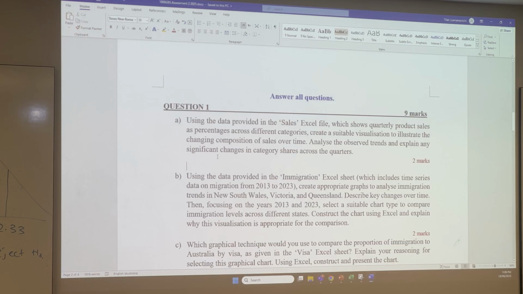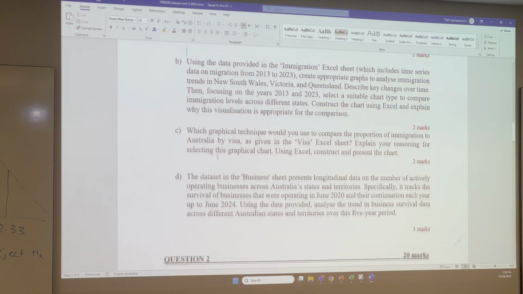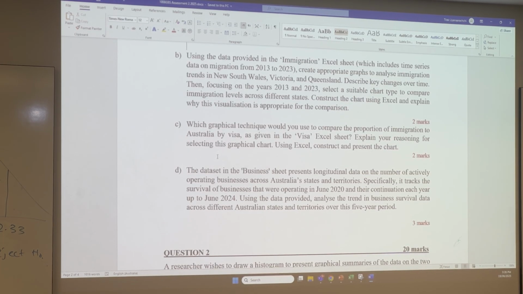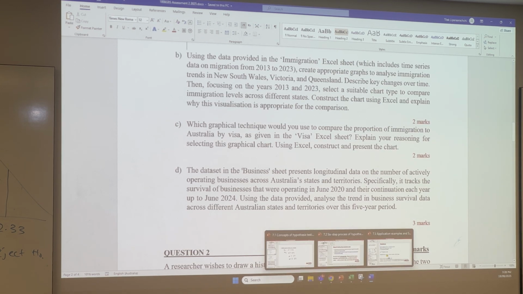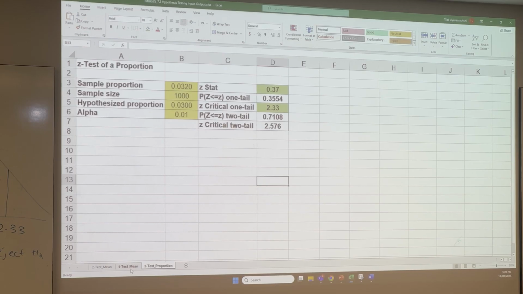So all the questions require you to copy and paste your Excel output. So you answer in Excel and Word. Suppose you do hypothesis testing.